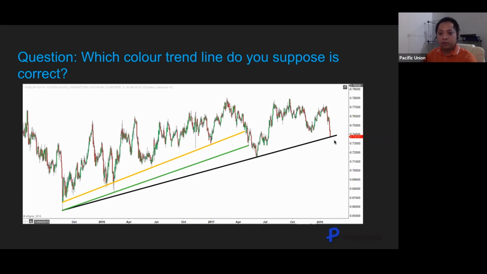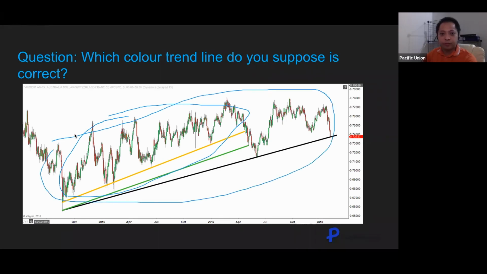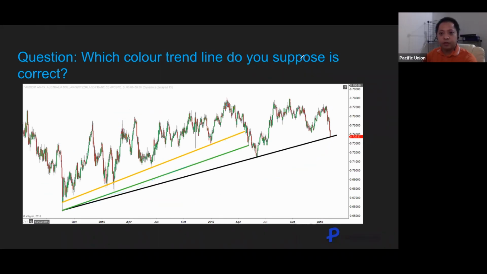Now the black one is instead of this trend here, instead of this trend here, right? It's trying to capture the bigger trend, okay? And the bigger trend would be one, two, and then three.